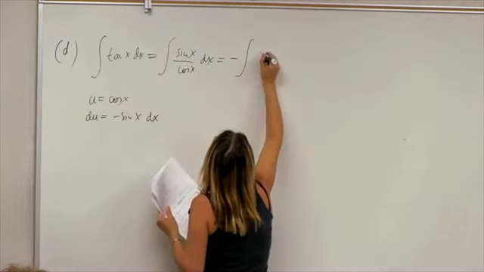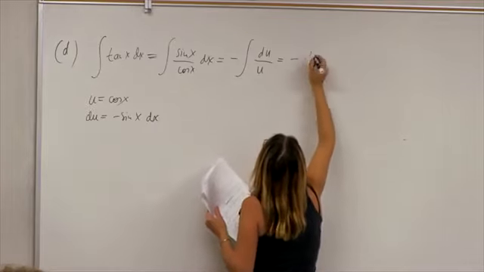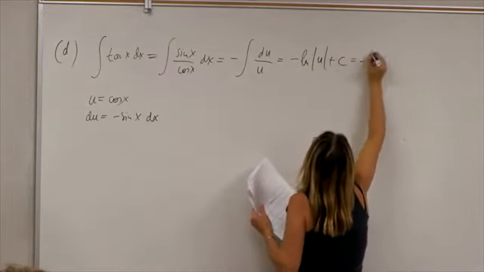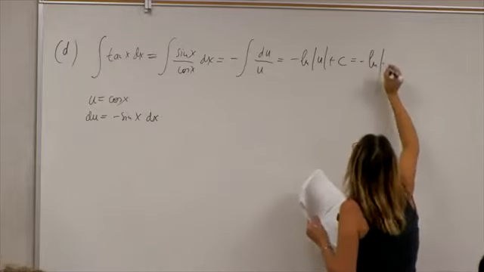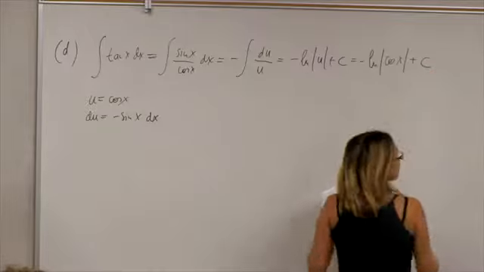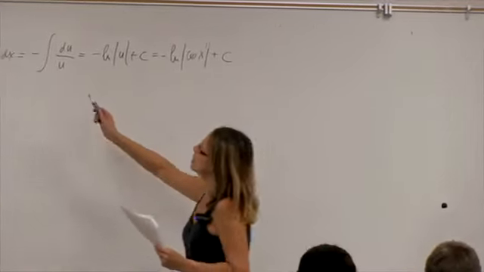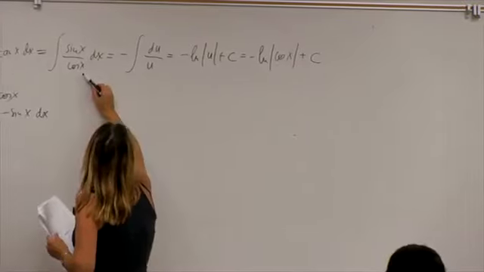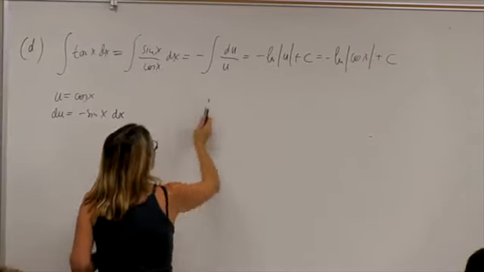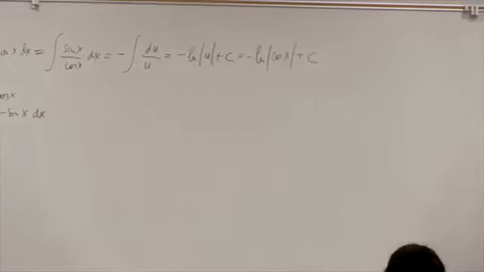So this is du over u. So it's a hidden substitution. Sine x over cos x, and the sine is a derivative of cosine. So we end up with a log. Questions?